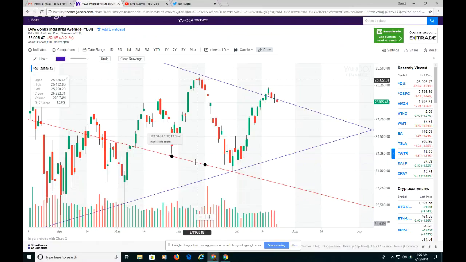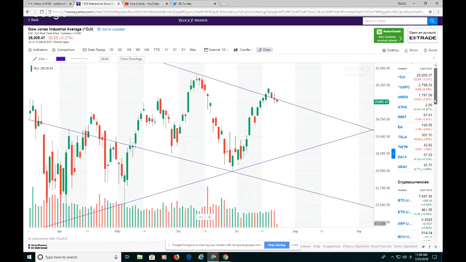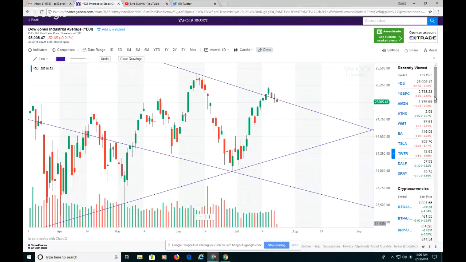So roughly you have about 1,000 points that technicians would say below this intersection, which would drop you down to the 23,000 level. 23,500 is a double or triple bottom. So that would be my guess. If it breaks to the downside, we would sell off until about 23,500.